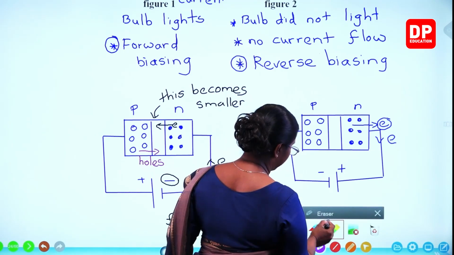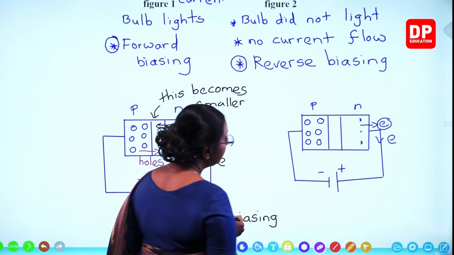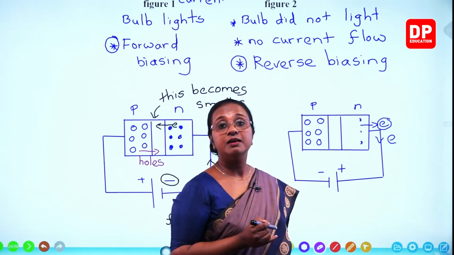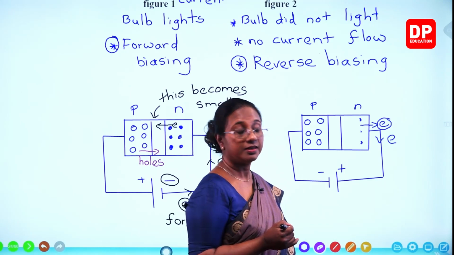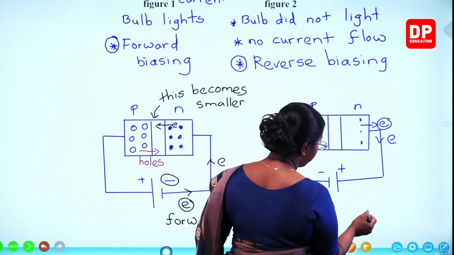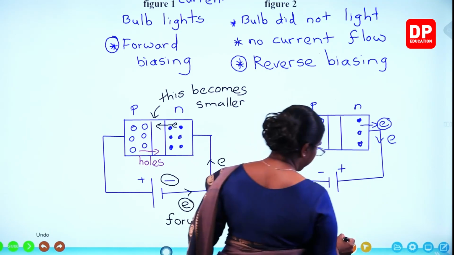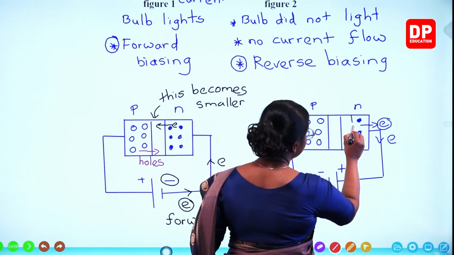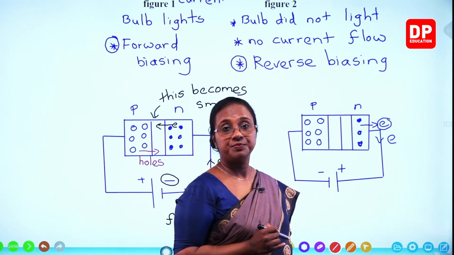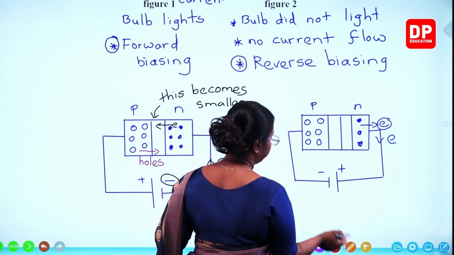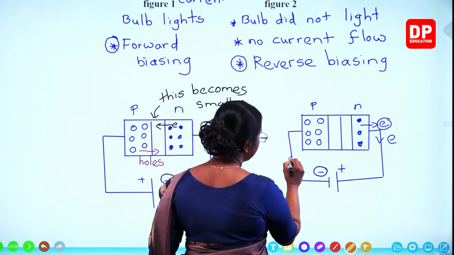So what will happen is, electrons will be moving out of the N region. So these electrons are moving out of the N region. So what happens here? The depletion region becomes larger. At the same time, this is the negative terminal, these are the holes.